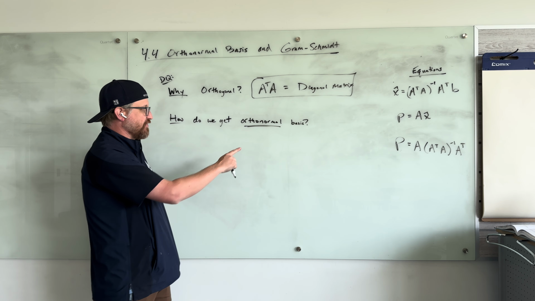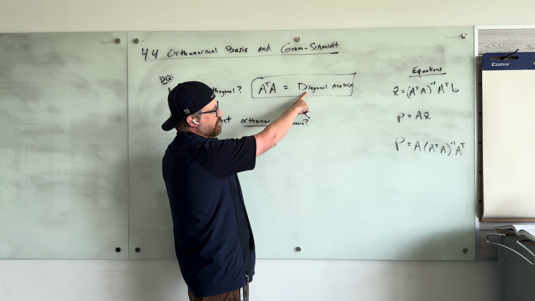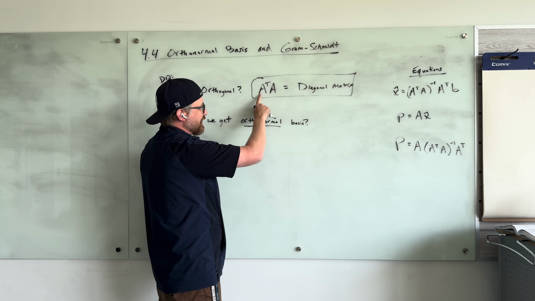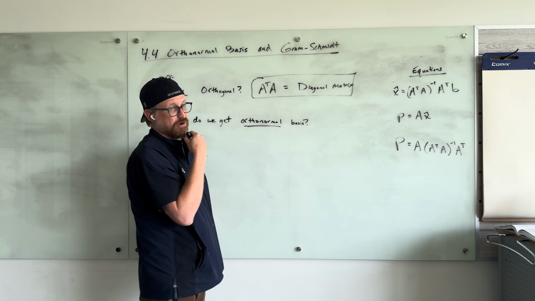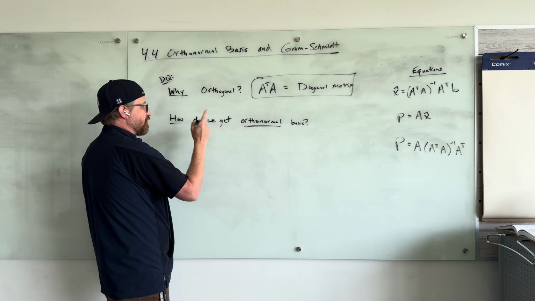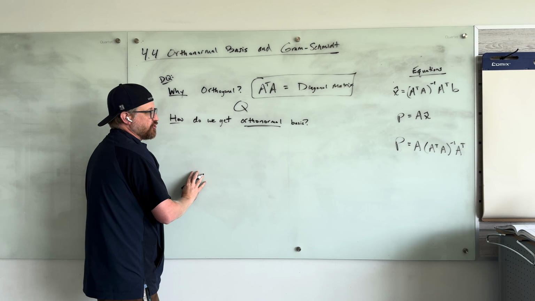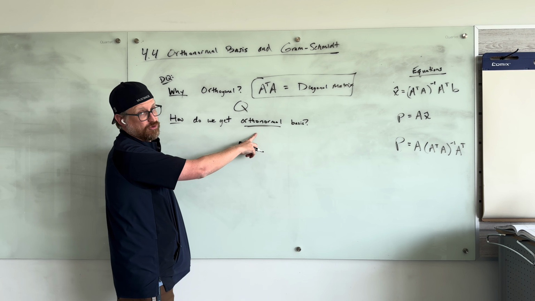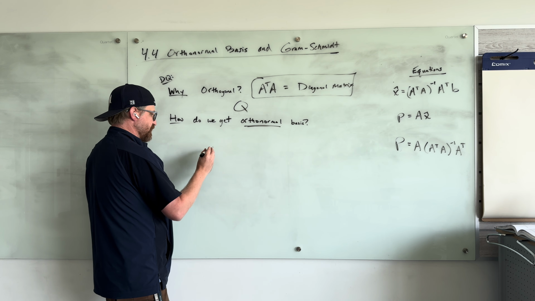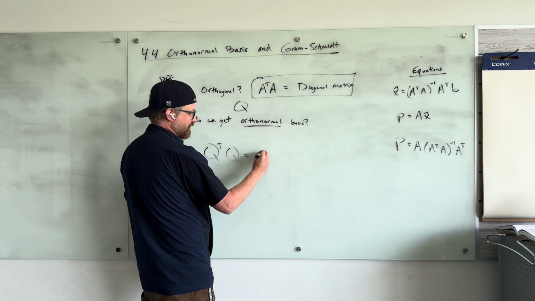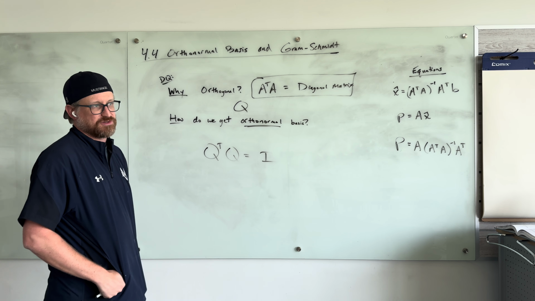If I have this, then the diagonal matrix created by doing A transpose A becomes very unique. If I call an orthogonal matrix Q, more specifically orthonormal Q, then Q transpose times Q gives a diagonal matrix, and that diagonal matrix is the identity matrix.